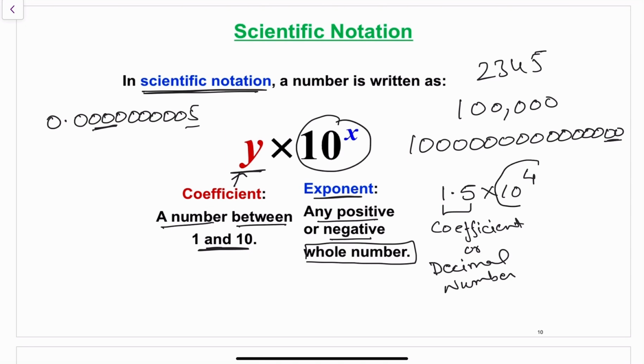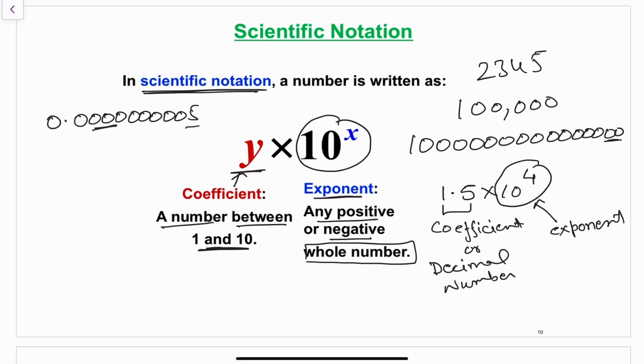And this part, 10 to the power 4, we call the exponent. This is how you normally write any scientific notation.